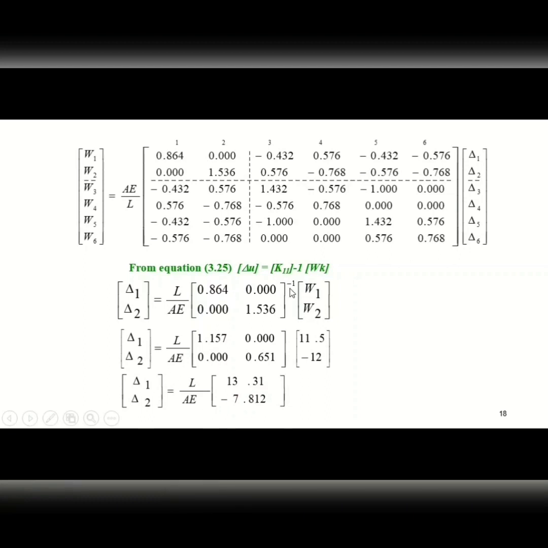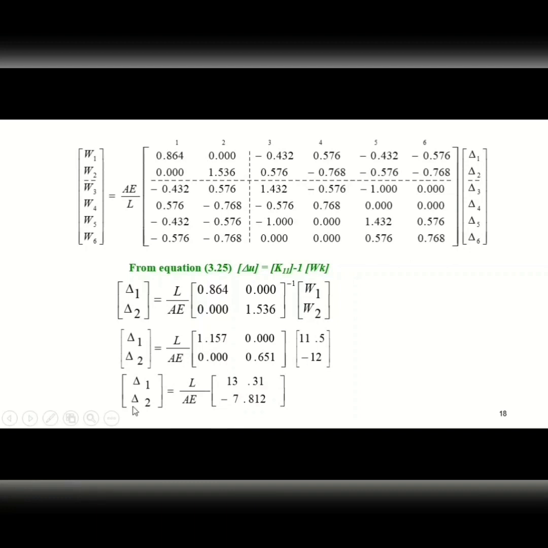This is an inverse, so we take the inverse. Inverse means dividing 1 by this, 1 divided by 0.84, same as it is, so this comes. So we take the inverse and multiply, and this equation comes.